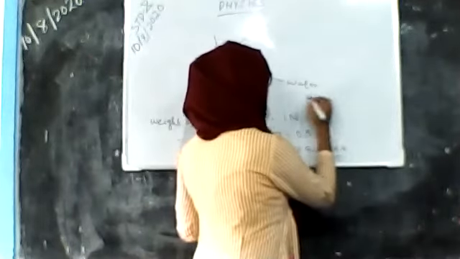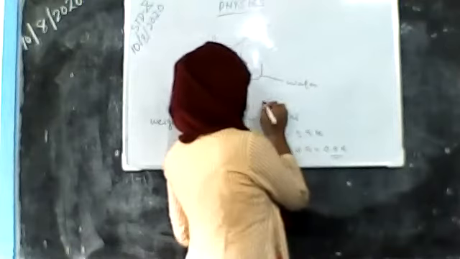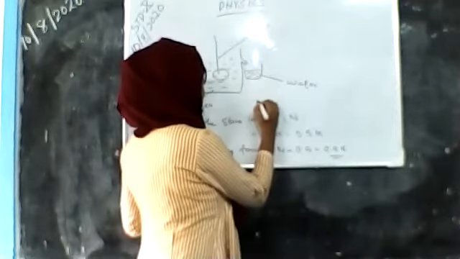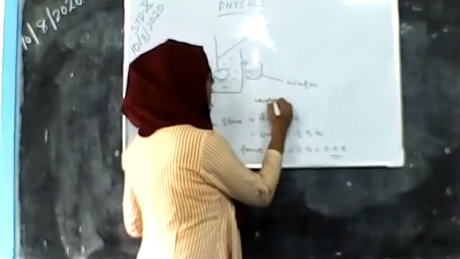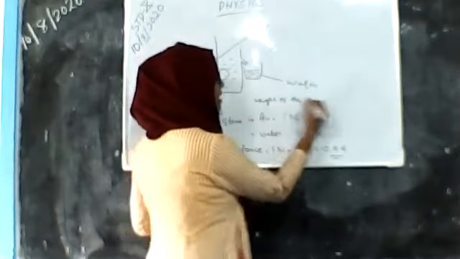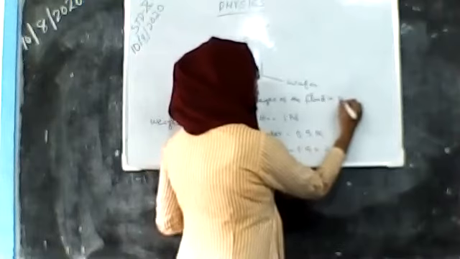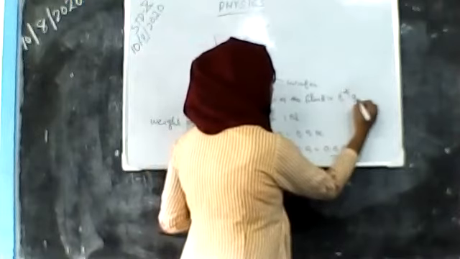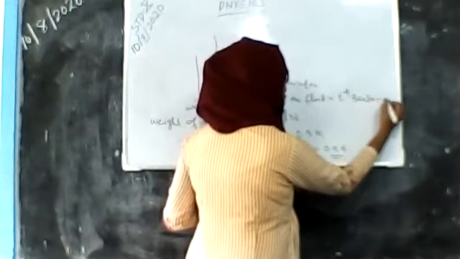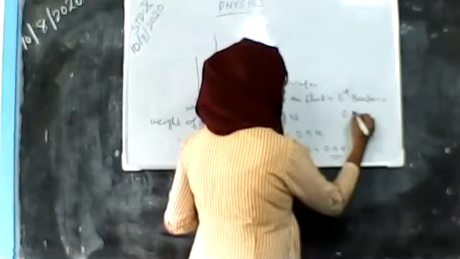The weight of the fluid or water in the second beaker is equal to 0.5 Newton.